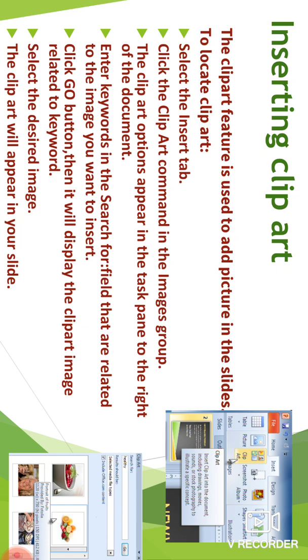When you click on the clip art button, a task pane to the right of the document, clip art, will open. Enter the keyword that you want to search, then click on the go option. When you click on the go option, the pictures related to that search will open in front of you. Select the picture that you want, then it will appear in your slide.